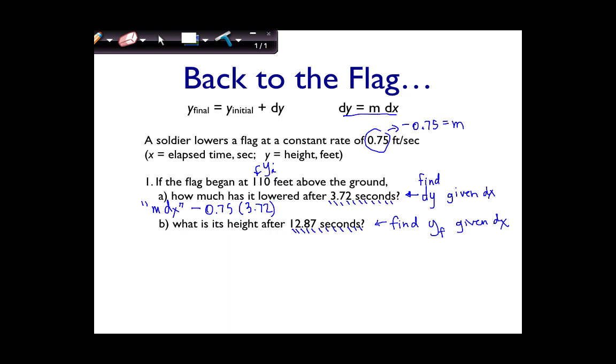I just want to say it's lowered by 2.79 feet, or it's decreased by 2.79 feet. I don't need to put a negative in there when I'm using that word that indicates decrease. The negative when we're doing computations indicates decrease, but make sure when you're translating back and forth between math and English that you don't have too many negatives in there and make a double negative for yourself.